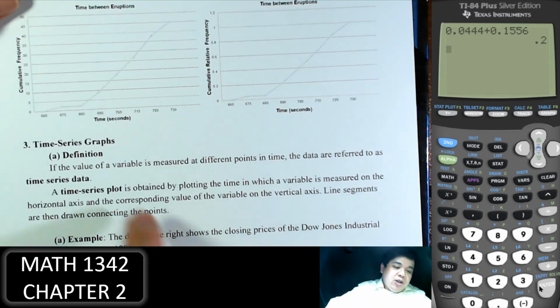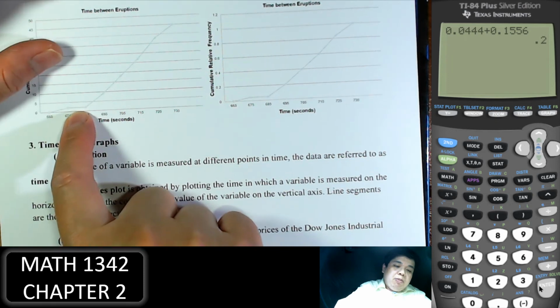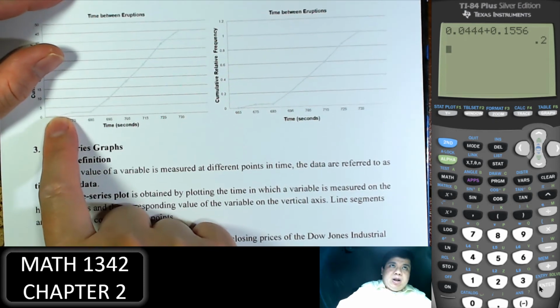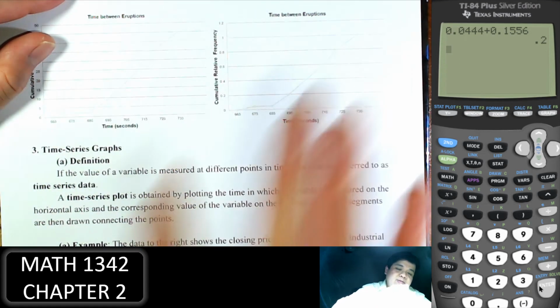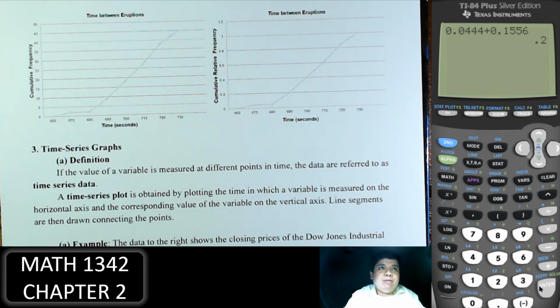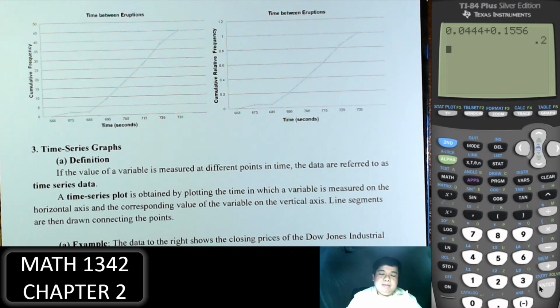Yeah, so just use the frequency polygon. Of course, because it is cumulative, the graph should be increasing. So that's what we have, right? The cumulative data is increasing, just like the polygon.